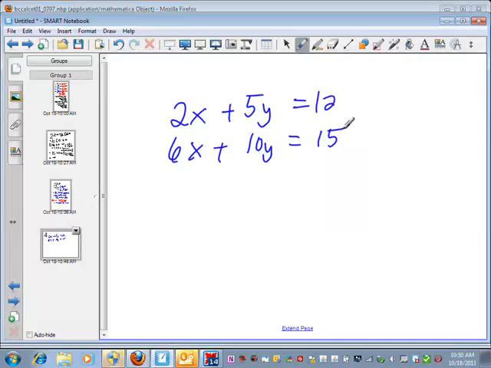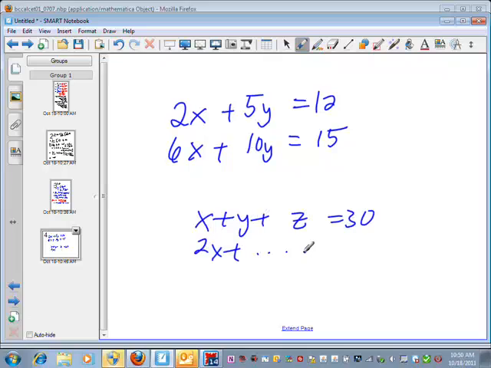You can see that they're related because here I have 2 variables, x and y. Nothing stops me from having x plus y plus z equals 30, and then 2x plus, and so forth, having 3 equations and 3 unknowns. They intersect, but they are not the same subject.